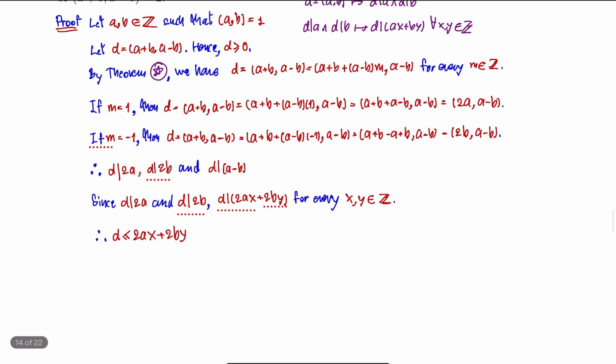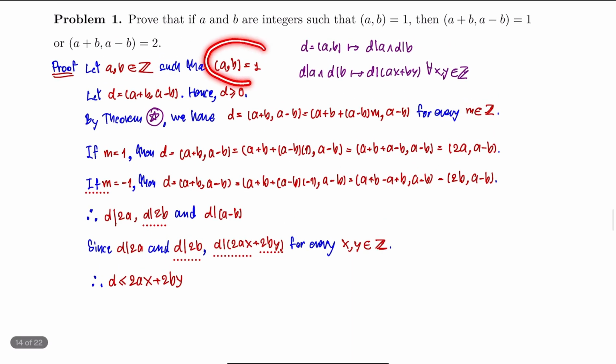And then let's go back to this one here. Okay, what is this one? When the greatest common divisor of a and b is 1, we have to use the advantage of this. If you have greatest common divisor of a and b equals 1, what do we have? So they exist, right? By theorem, they exist.